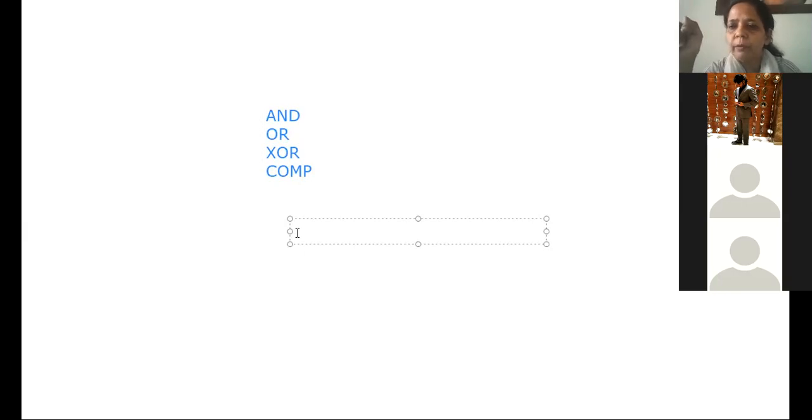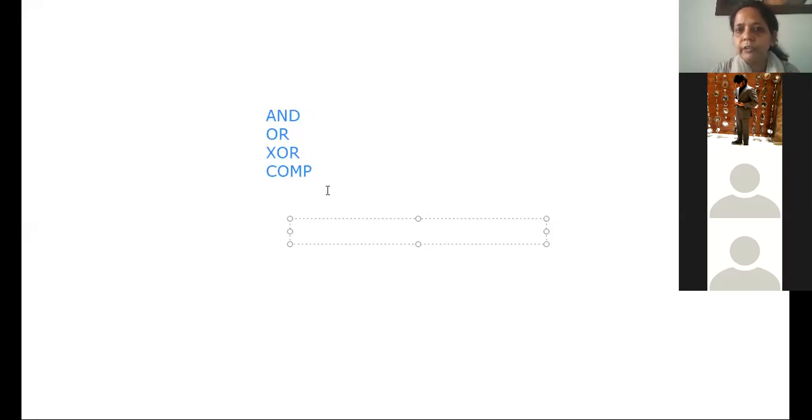In case of OR operation, if any one bit is 1 or both the bits are 1, that is, if any one input is 1 or both the inputs are 1, the output is 1. In case of XOR operation, if both the inputs are different, then only the output will be 1. And in case of complement, if the number is 0, it will become 1. If it is 1, it will become 0.